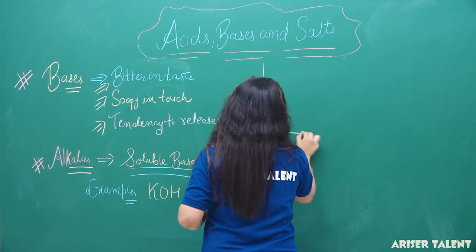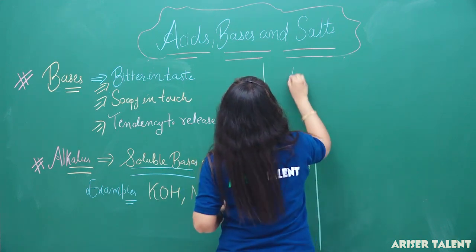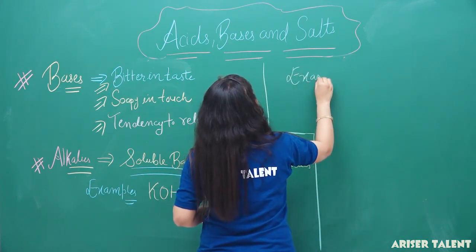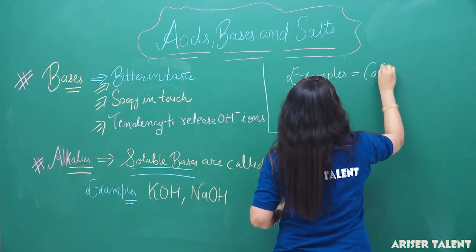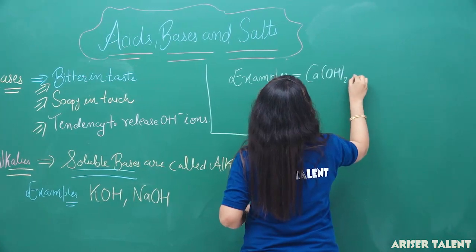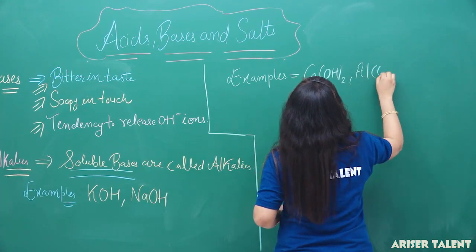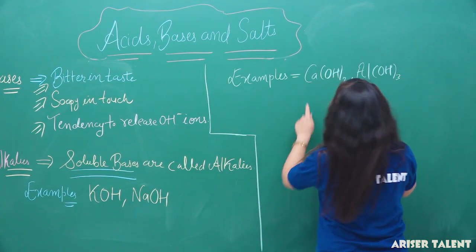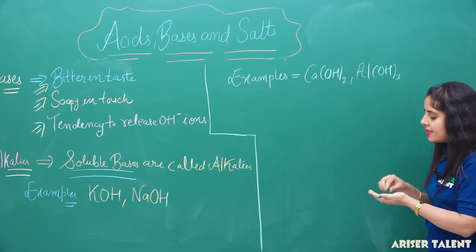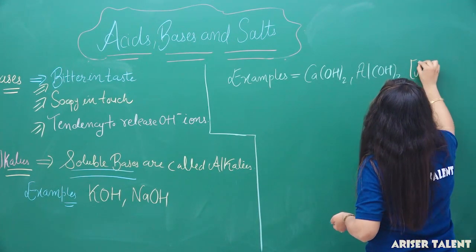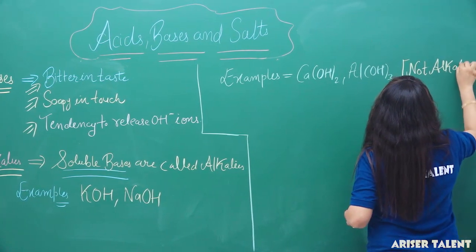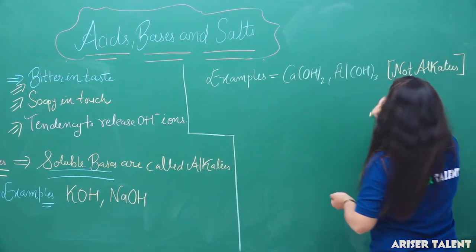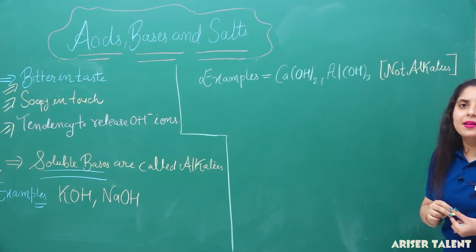So we have certain more examples, like calcium hydroxide, aluminium hydroxide. These are actually bases, but these are not considered alkalis because they are not water soluble. So these are not alkalis.